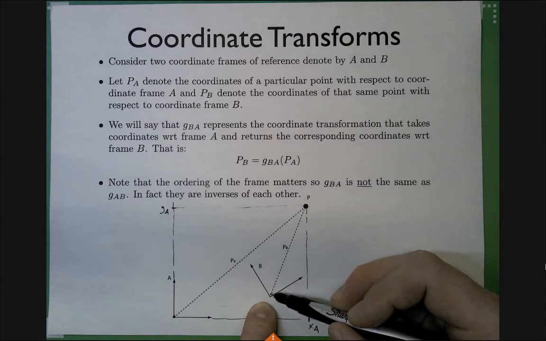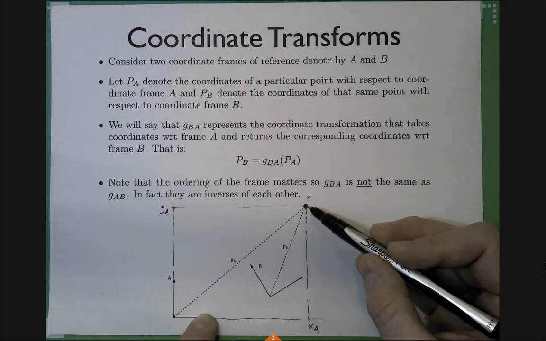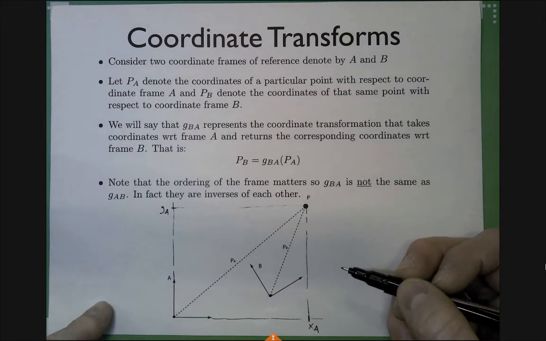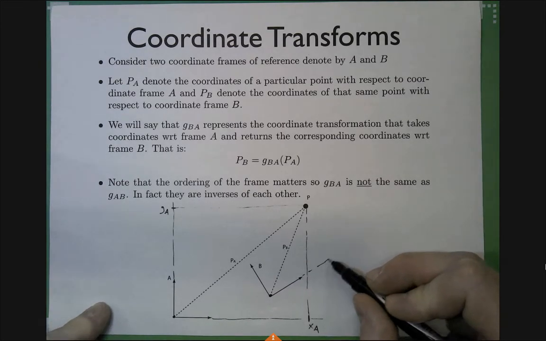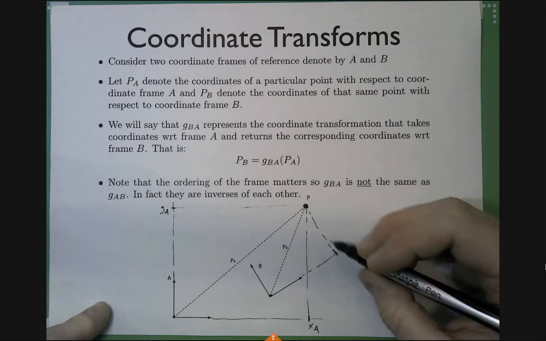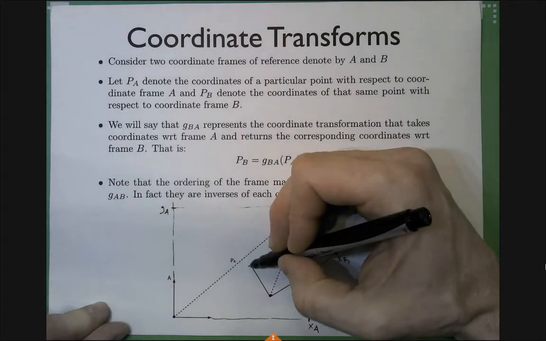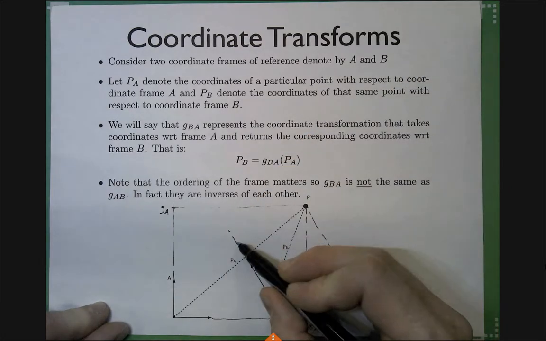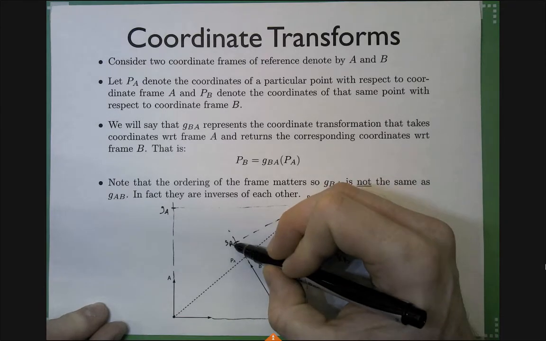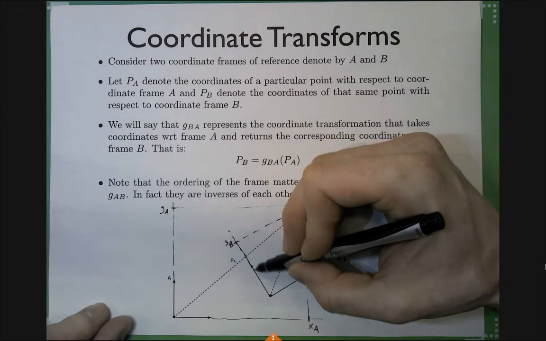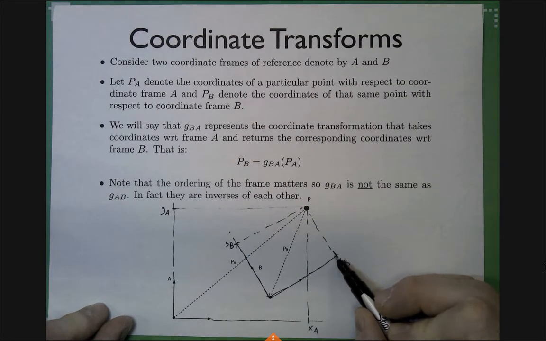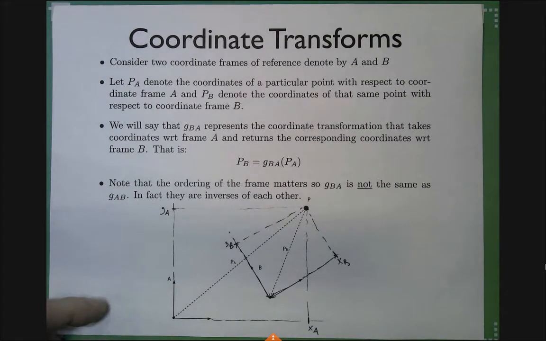How do I do it? Well, the same way. I subtract the origin of the coordinate frame B from the point P, and I do orthogonal projection on the axes. So this would be my XB, and this here would be my YB. By YB, I mean this length here, and XB would be this length here. All right?